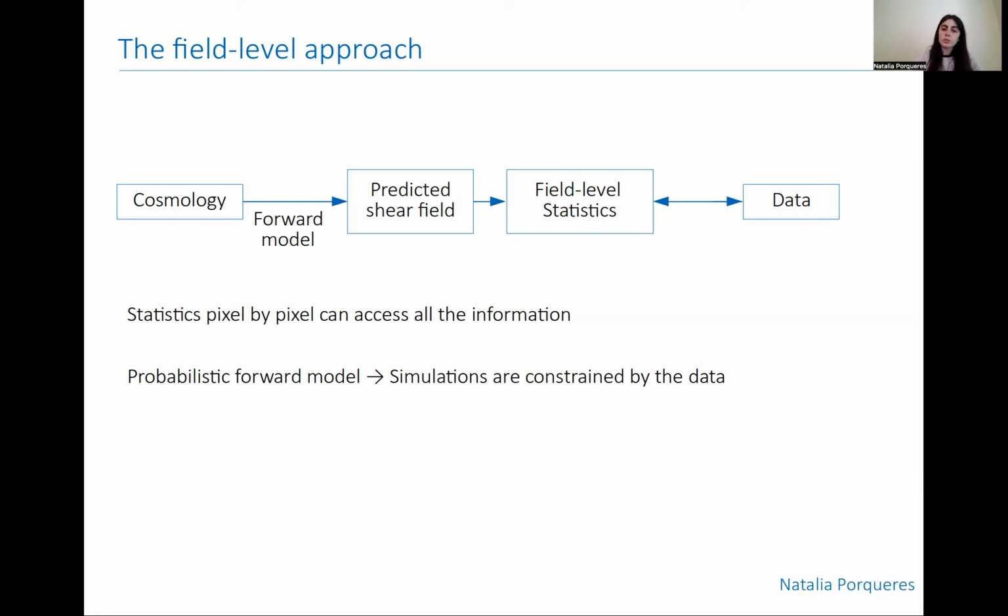In contrast with what one would do in a machine learning approach, in which one would run many simulations and then use this to train the neural network, what we do here is to only run the simulations that can plausibly lead to the structures we see in the data. So we only have simulations that are consistent with what we observe. And that means at the end, we are going to get a map of the dark matter distribution in the universe that is inferred from the observations.